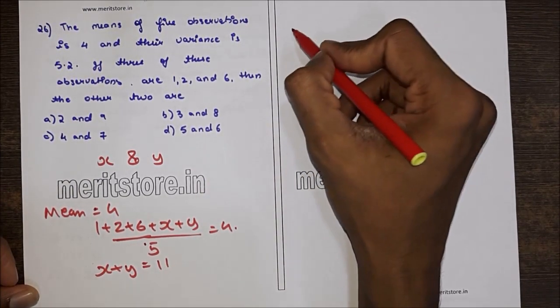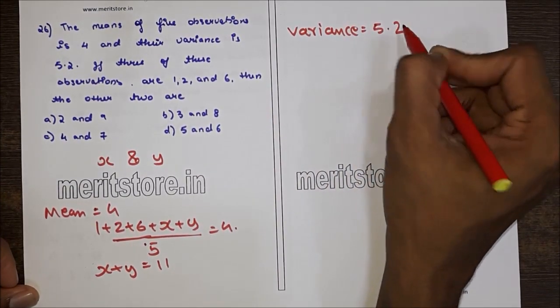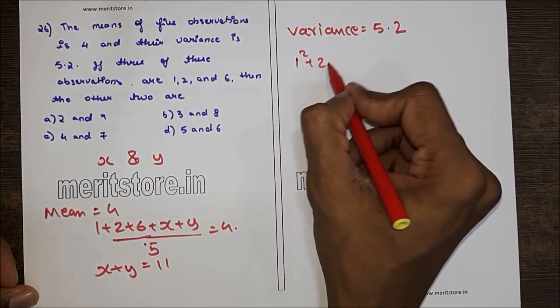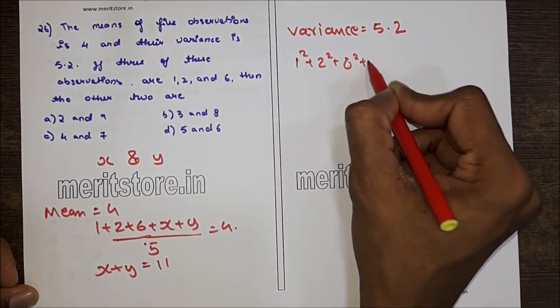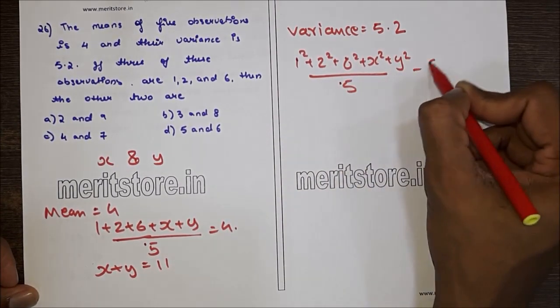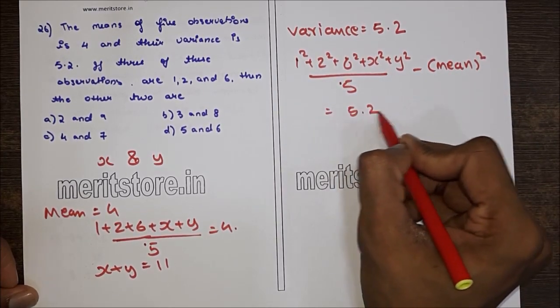And the variance is equal to 5.2, which can be written as 1 square plus 2 square plus 6 square plus x square plus y square upon 5 minus the mean the whole square, which is equal to 5.2.